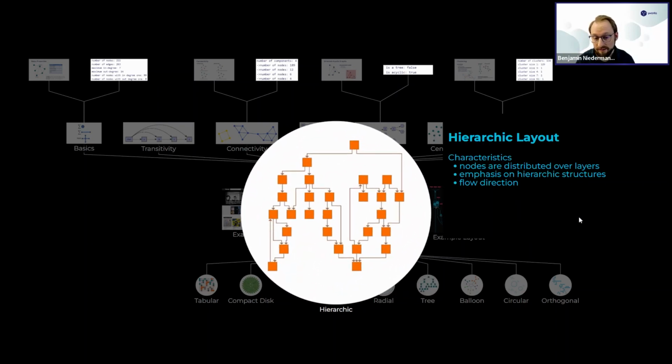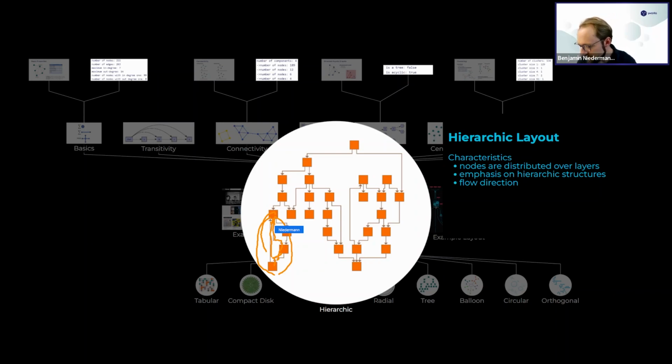And now I come to the layout that actually suits our use case very well. It's the hierarchical layout. And this is a layout that is really made for acyclic graphs. And again, as you may already have noticed here, not all edges need to be acyclic. Here you have a cycle. So you could go here along this.